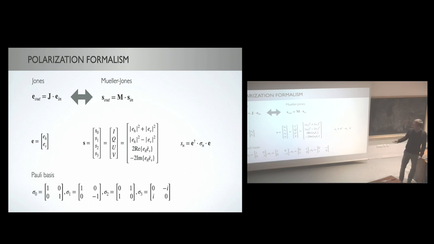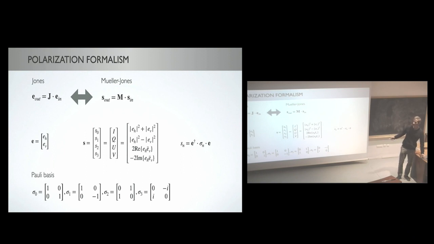Okay, so now quickly back to the link between the Jones formalism and Stokes vectors, or Mueller-Jones formalism. Here we can more completely define this four-component Stokes vector, and establish a formal link using the optics-based Pauli matrix definition to define these Stokes vectors. A brief comment here: yes, the Mueller-Jones formalism is directly reversible to the Jones matrix.